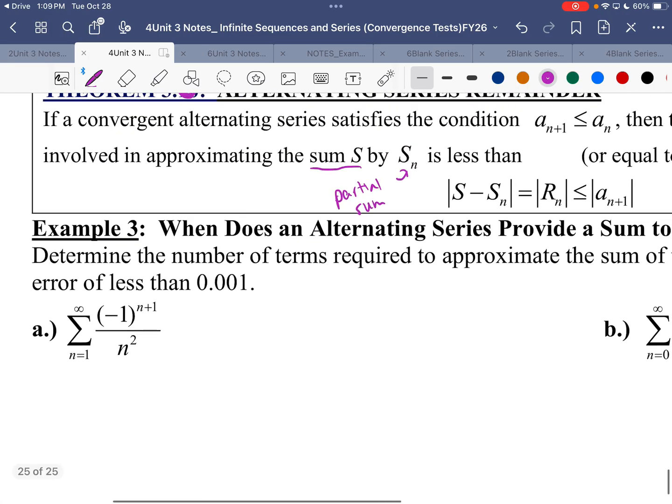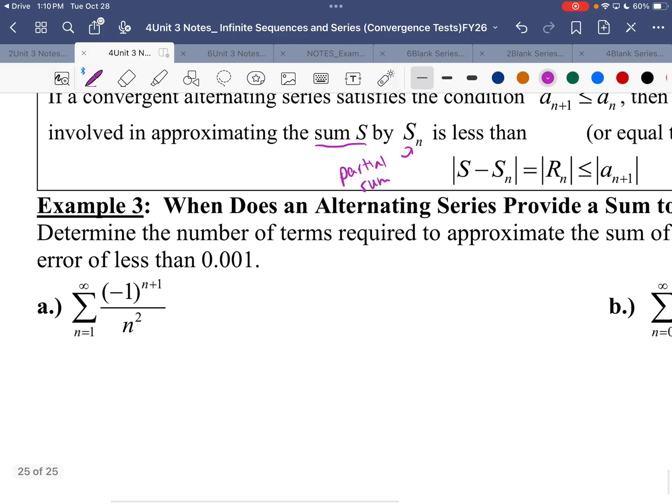We need to figure out how many terms: what is the smallest n, the smallest value of n, that when we add up that many terms will be accurate to the infinite sum within 1/1000th.